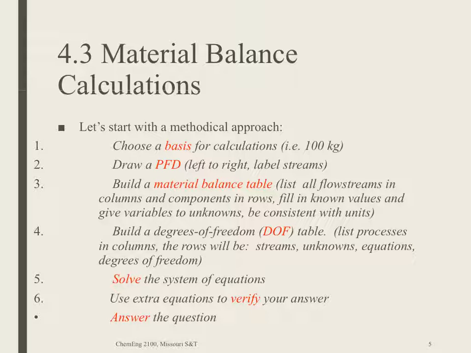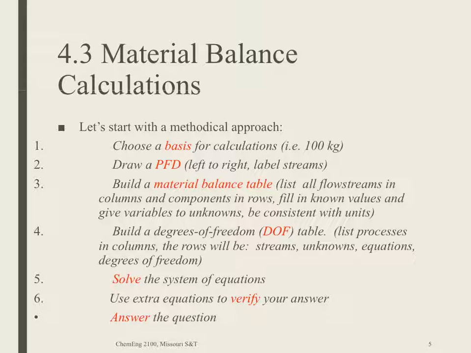So the first table we'll build is a material balance table. This is just going to be a summary of all of the information given in the problem statement about how much and what components are flowing in each stream. Next, we're going to do a degrees of freedom table. This is where we're going to make a decision about whether or not we have all the information we need to be able to solve the problems.